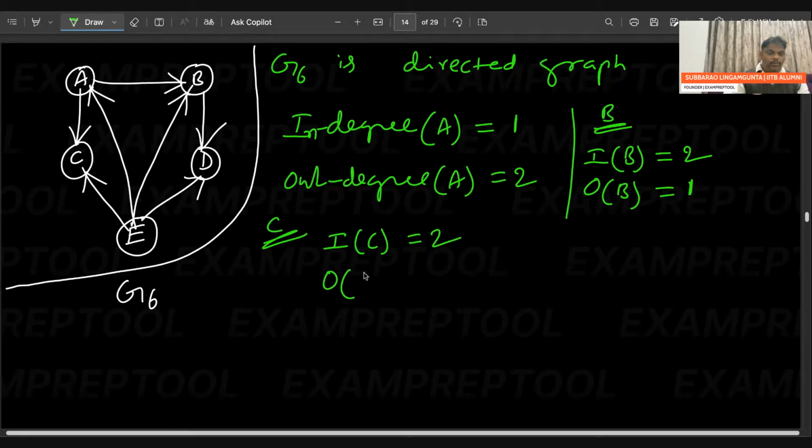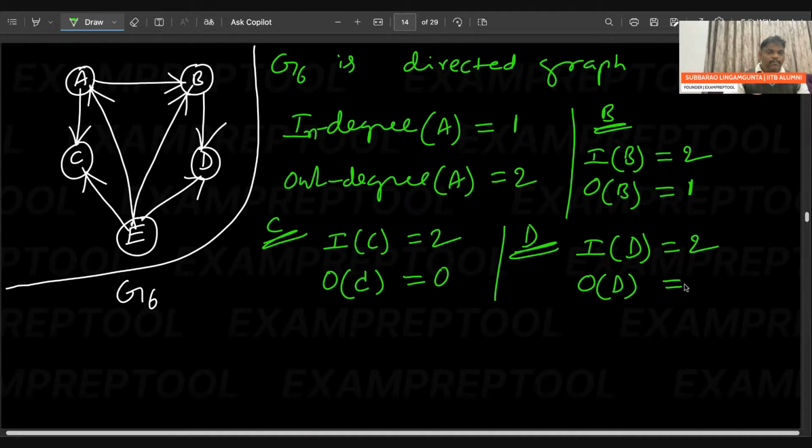How many are going outside C? No one. Let's go to D. In degree of D, how many are coming inside? 2. How many are going out of D? No one.